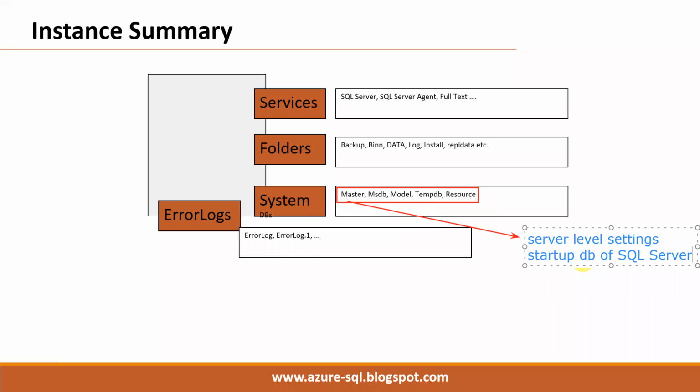Startup database means whenever we start SQL Server it will go to master, read the parameters, then the server is started. Indirectly, we have to understand that if the master database is corrupted, the server cannot be started. We'll see how to troubleshoot the problem.